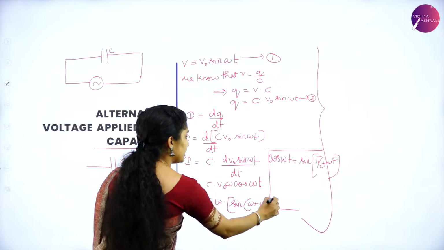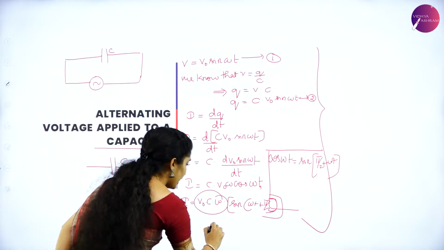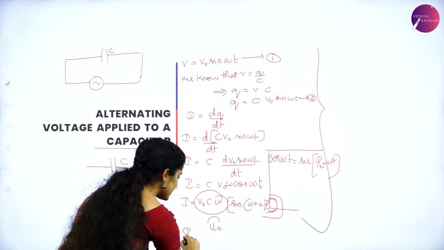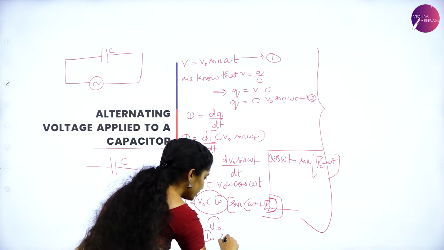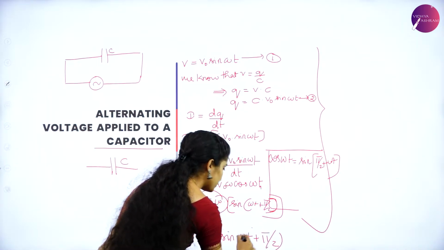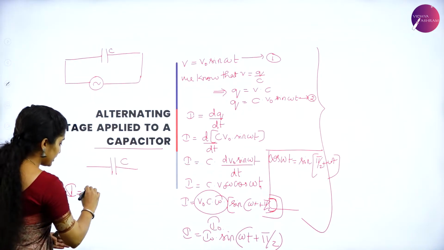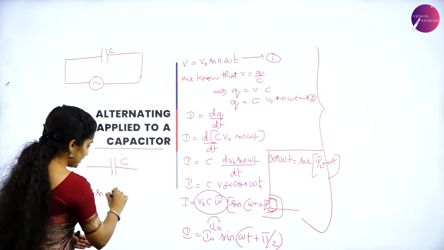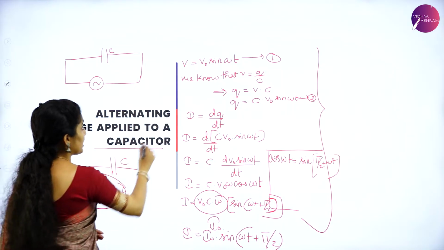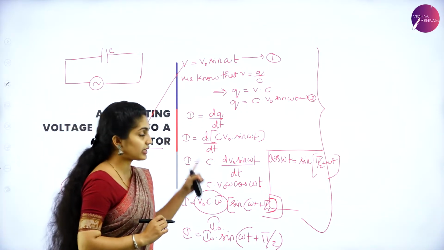This is of the form I naught, so I can write I is equal to I naught sine omega t plus pi by 2. Compare this with V is equal to V naught sine omega t, considered over here.